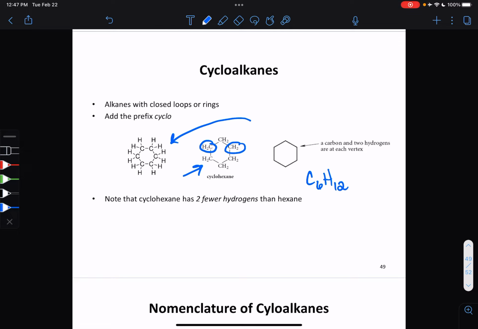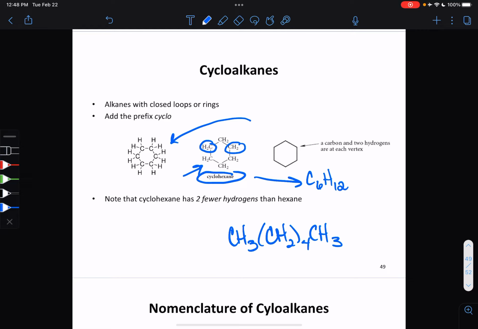Now, if we take a look at our cyclohexane formula and we compare it to regular old hexane, which is CH3, and then 4 CH2s and a CH3 on the end, so that's the straight chain, we would see that our cyclohexane has 2 fewer hydrogens than our regular old hexane.